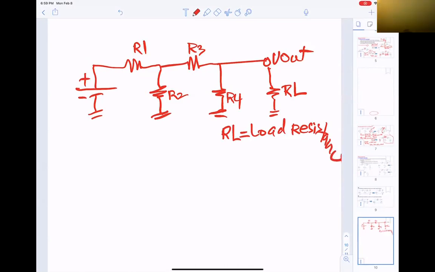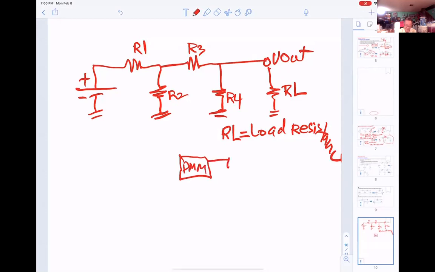Hey, Mr. Pham, when you use the term load, that could be a speaker or anything else as well, right? Right. Now, that's what I try to explain. The load resistor may not belong to the system. If you have a DMM and you want to measure resistance, positive, negative, this resistance will be the load.